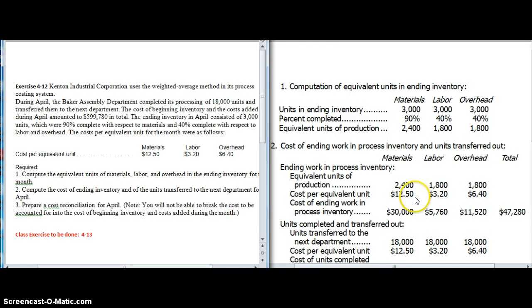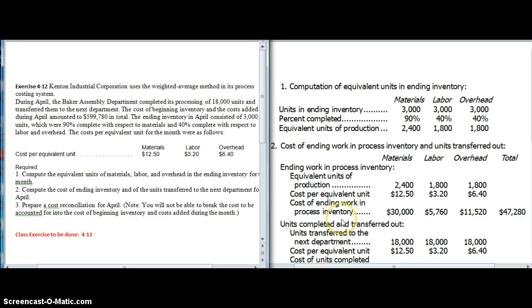Multiplying 2,400 with 12.5 will give you a total cost of work in process inventory for materials of $30,000. Similarly, for labor, you will get $5,760 when you multiply 1,800 with $3.2. And for overhead, you will get $11,520.